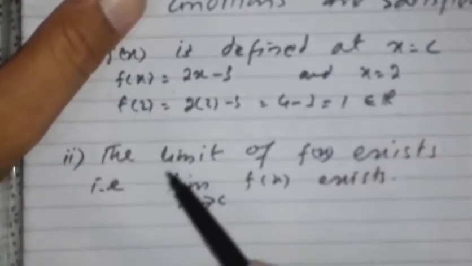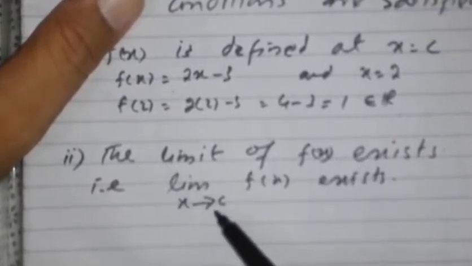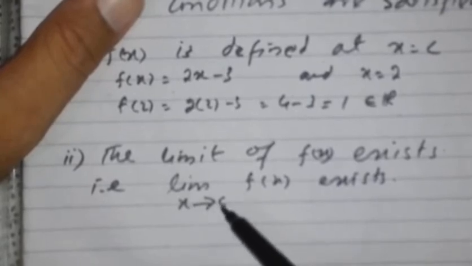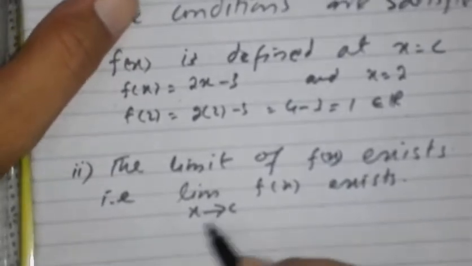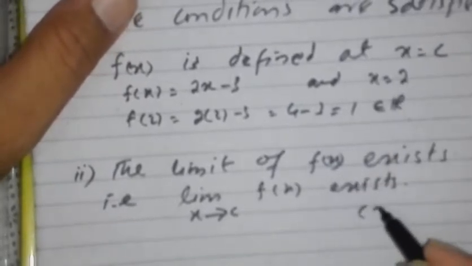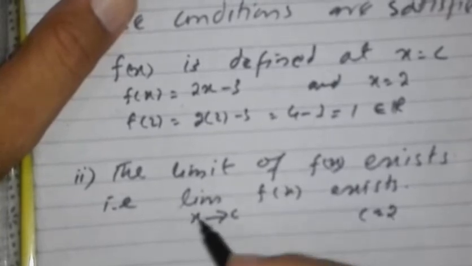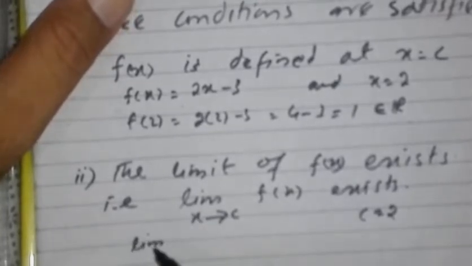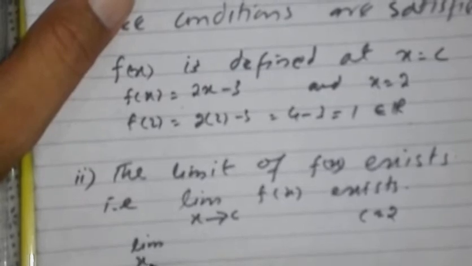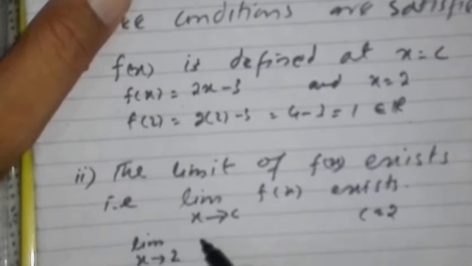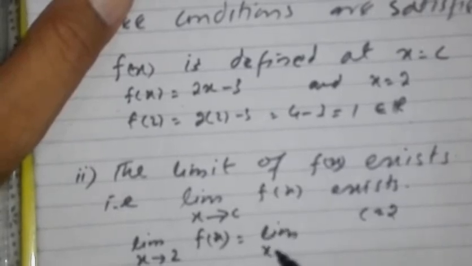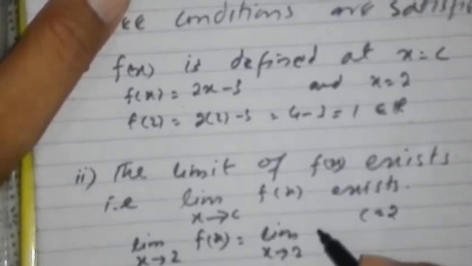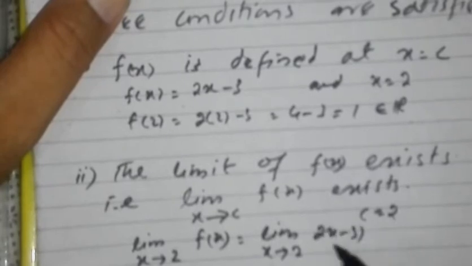The second condition is that the limit of f of x exists, such that the limit as x approaches c, or x tends to c, or x goes to c, of f of x exists. For this, as we have supposed that the c value is 2, we take the limit as x approaches 2 of f of x, which equals the limit as x approaches 2 of 2x minus 3.